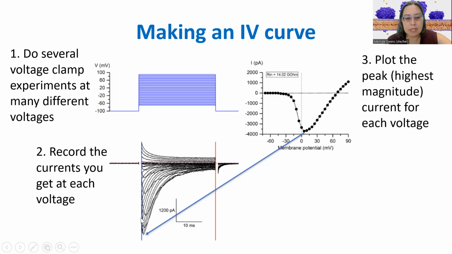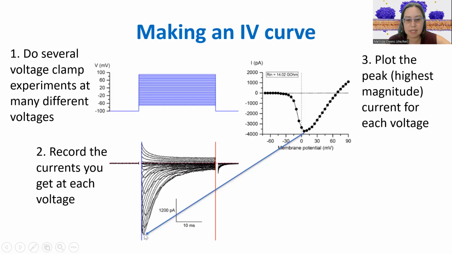Like for this curve here, which is probably the biggest current, the current changes over time. It takes a bit to get to its peak, and then it falls rapidly. We'll talk about why it falls rapidly, but for now you just see that it falls rapidly. So in order to make this IV curve, you just pick the peak current.